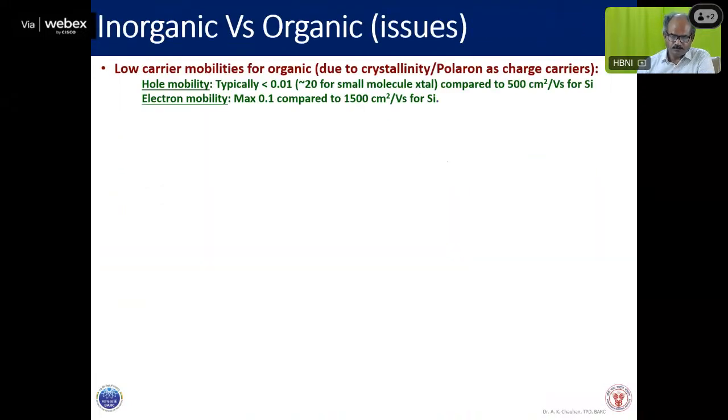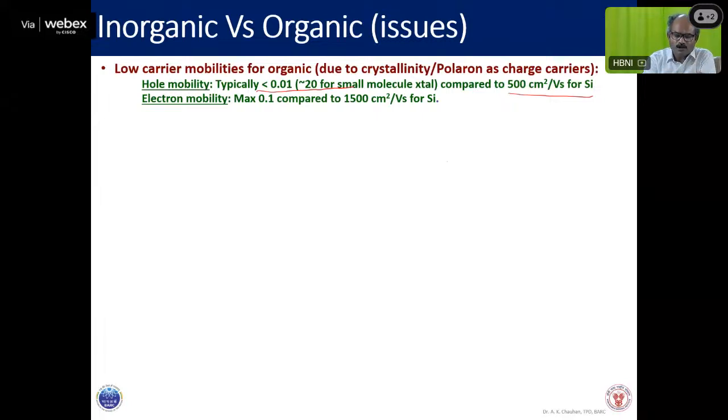So these are typical values. If I say low carrier mobilities, like hole mobility in the case of organic, it's very low, around 0.01 or less than 0.01, and if you compare with silicon, it is very high, nearly 500.